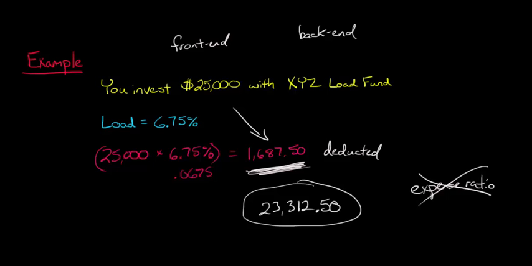When we talk about a front-end load, sometimes they call it A shares. And then a back-end load, this 6.75%, could be charged when you say, I want my investment back, I decided to withdraw my funds. That's a back end, otherwise known as B shares.